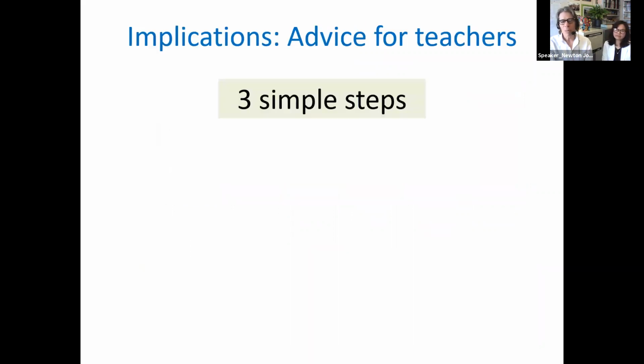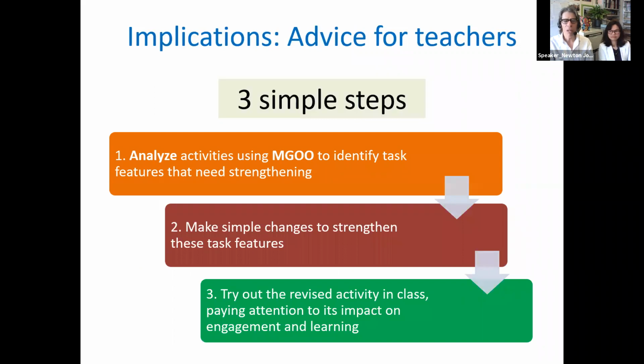And there are 3 steps we're going to focus on here. The first step is to analyze as a teacher. What you can do is look at the activities using the task features to identify tasks and task-like activities. Then when you find a task-like activity, make simple changes to strengthen it using the task features. So if there's no gap, look for ways to create an information gap and so forth.